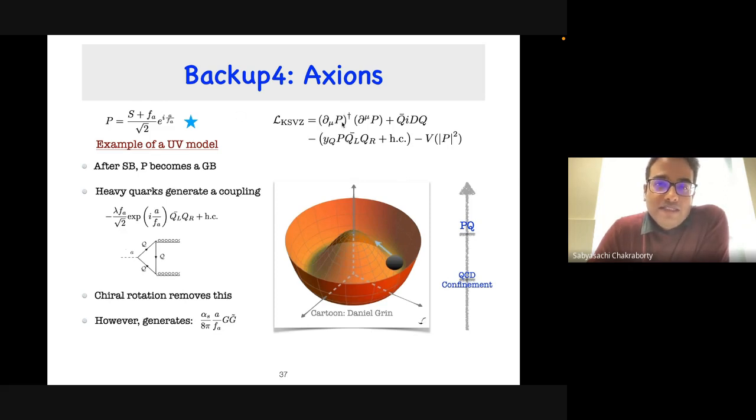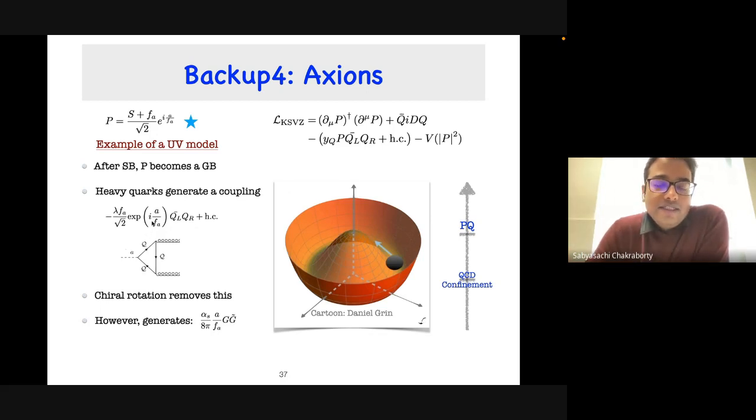When P gets a vev, the axion becomes the pseudo-Goldstone boson of the theory, and it talks to the heavy quarks.